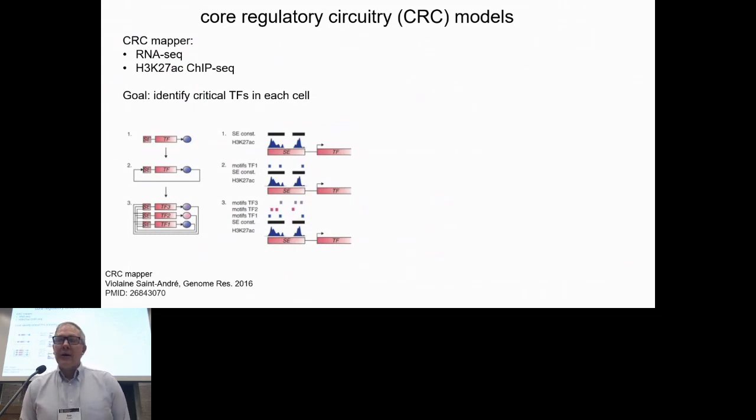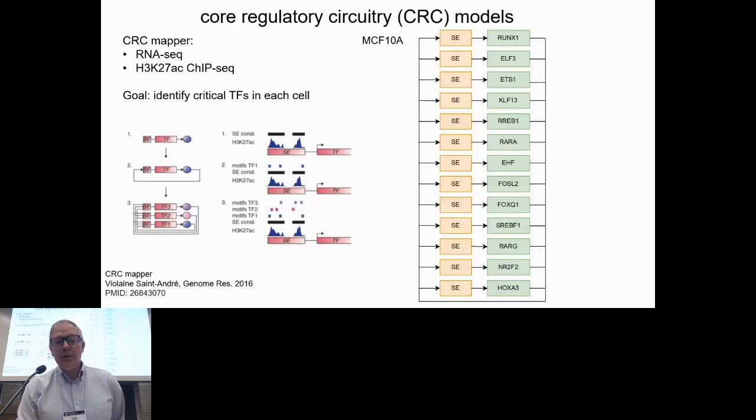Ultimately, the goal is to identify master or critical transcription factors in each cell line, and this involves identifying auto-regulated transcription factors associated with super enhancers. The output is a target list of active transcription factors present in the MCF10A, AT1, or CA1A cell lines. Among these are interesting transcription factors that could play an important role in the regulatory circuitry of normal or cancerous cells.